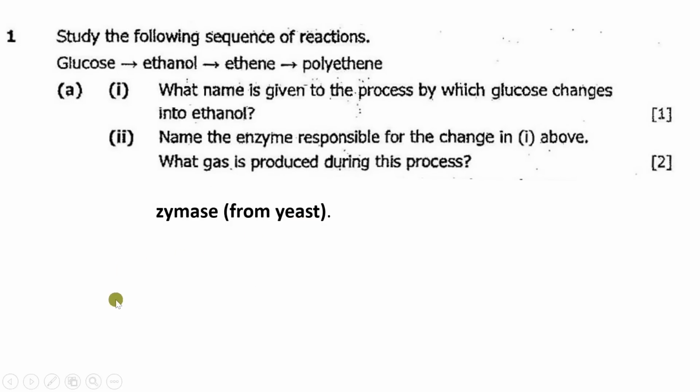So the gas is carbon dioxide, which is produced during this reaction. So let me write the gas, carbon dioxide. So the enzyme is zymase from yeast, and then the gas is carbon dioxide.